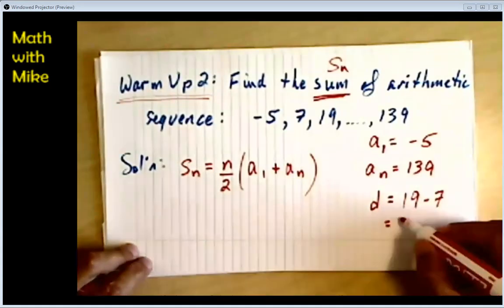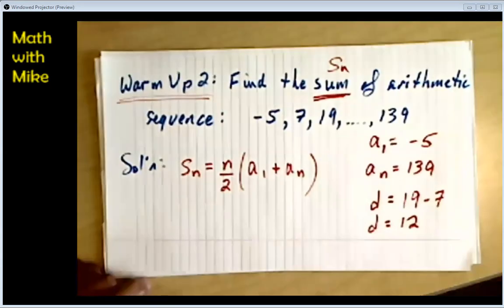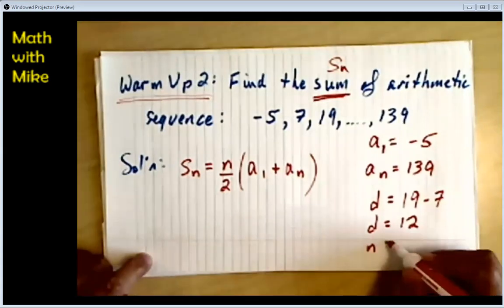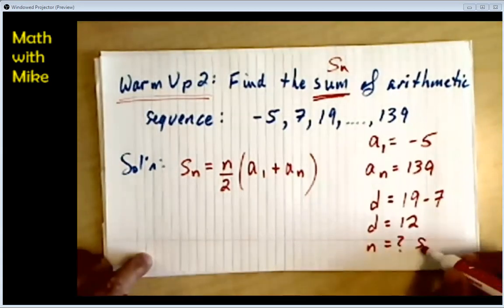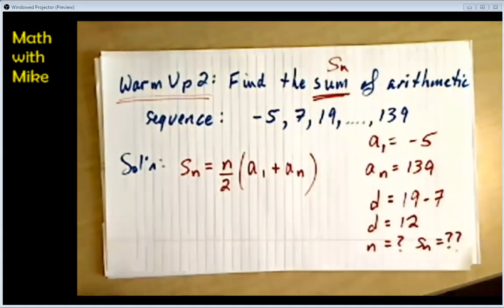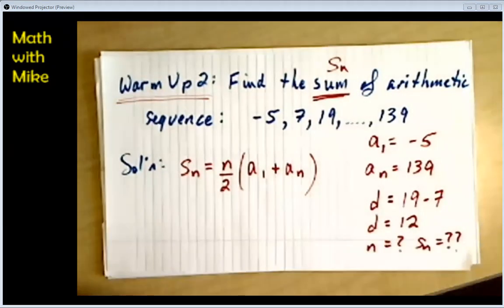So d will equal 12. And take a look, what's missing? n. We don't know that, and we're looking for the sum. So we have everything in front of us that we know and can use.